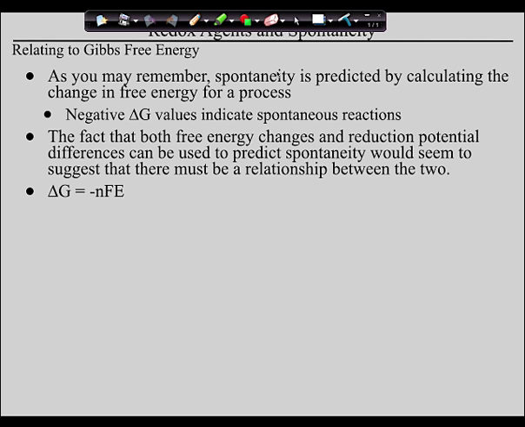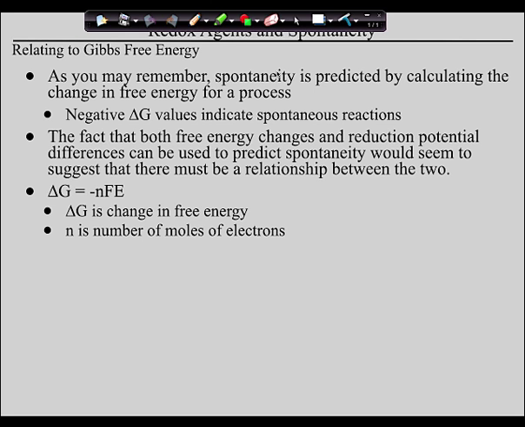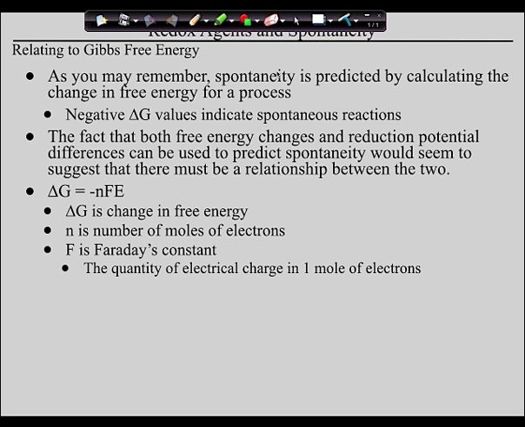So let's define the terms, and then we're done for the day. So guys, delta G is the change in free energy. You know that. And again, negative values for this indicate spontaneous. Positive values for this indicate spontaneous in the other direction. N is the tricky one. N is the number of moles of electrons exchanged in the process. Then guys, F is what is called Faraday's constant.